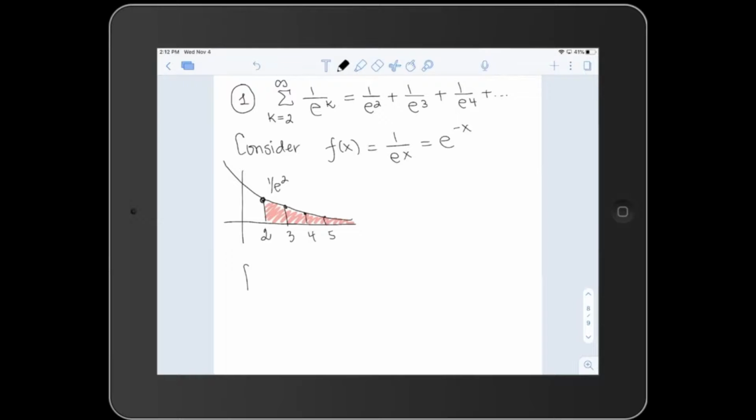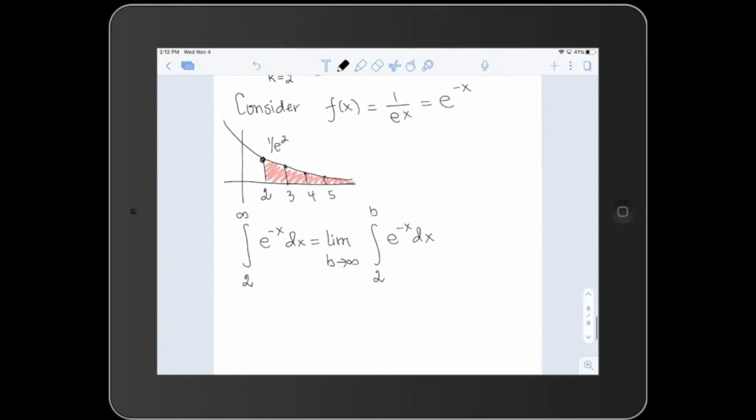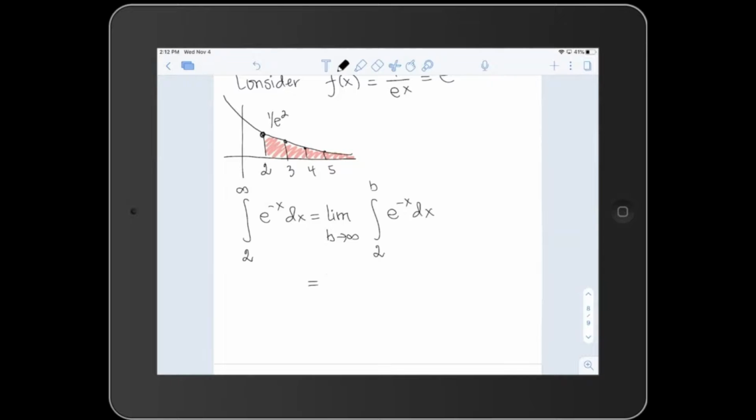The integral from 2 to infinity of e to the negative x dx is the limit as b goes to infinity. This is how we approach improper integrals, using the limit notation. So the limit of what? What is the antiderivative? It would be negative e to the negative x, and we evaluate it.